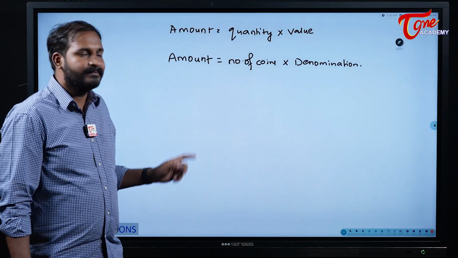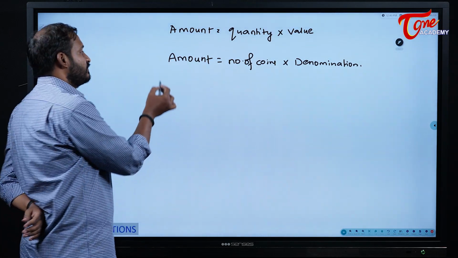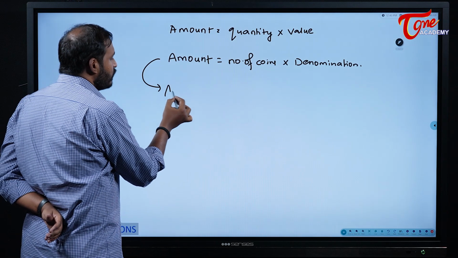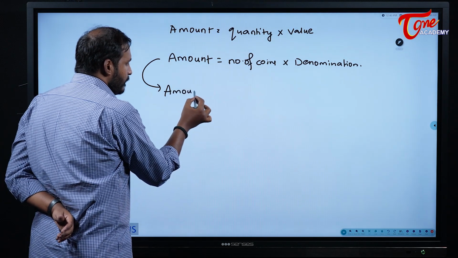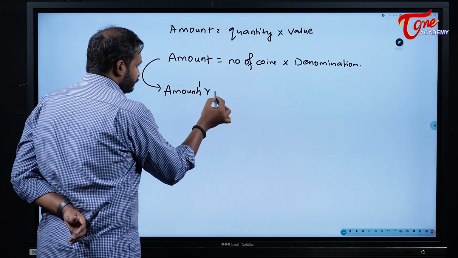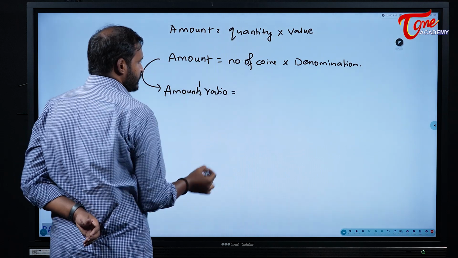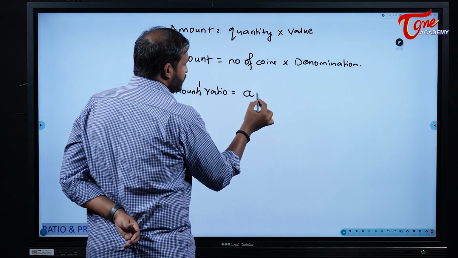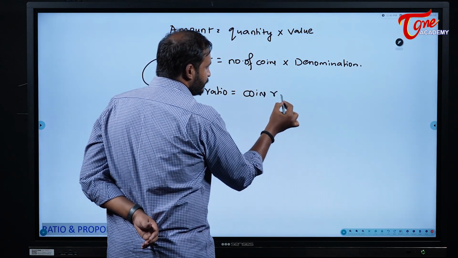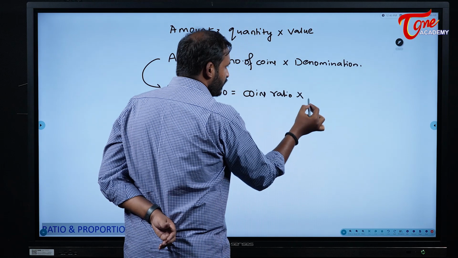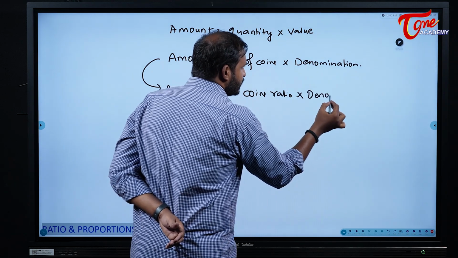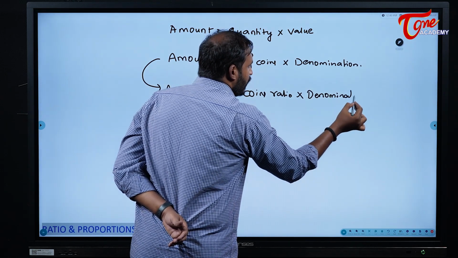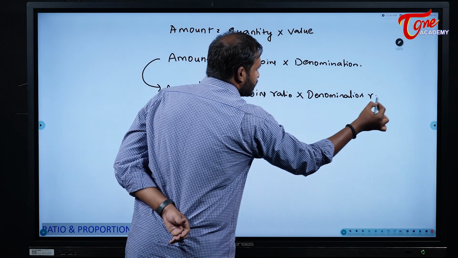The same thing we will convert into ratios: amounts ratio is equal to coins ratio into denominations ratio.